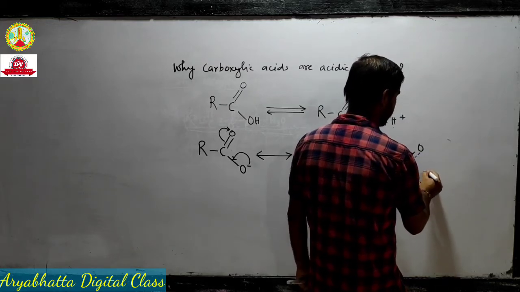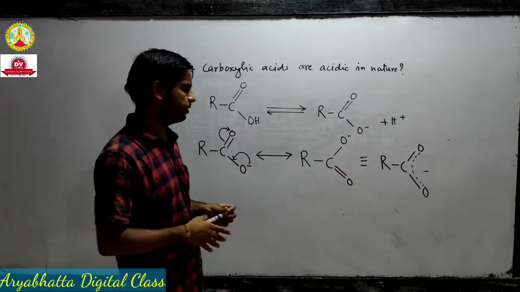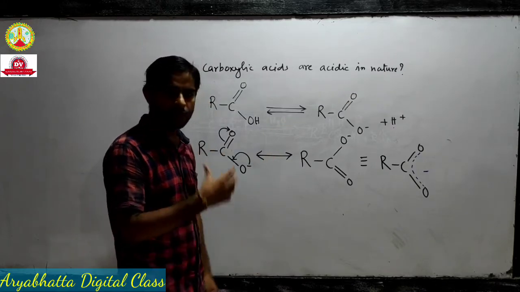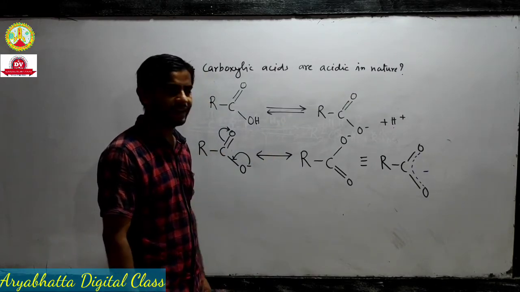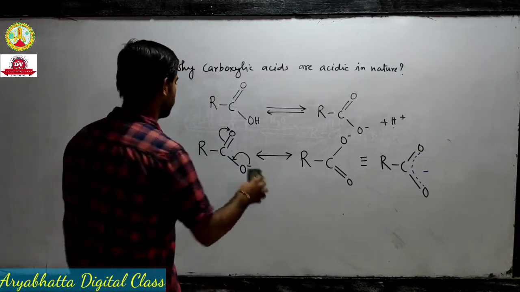That means the negative charge is spread throughout that area, spread throughout the carbon-oxygen bonds, and this is how the carboxylate ion gets stabilized through resonance.